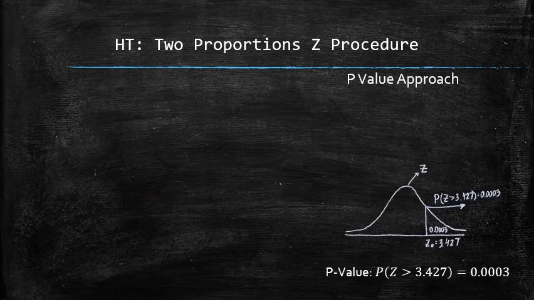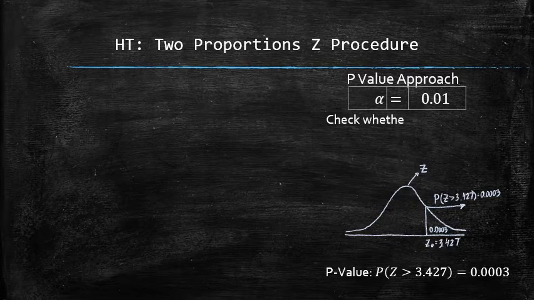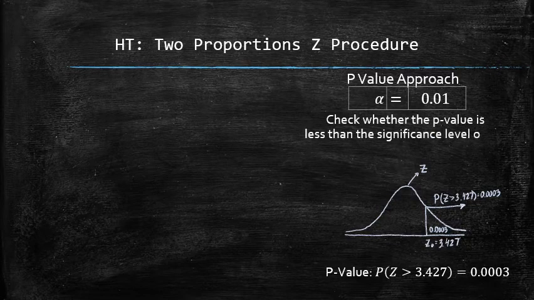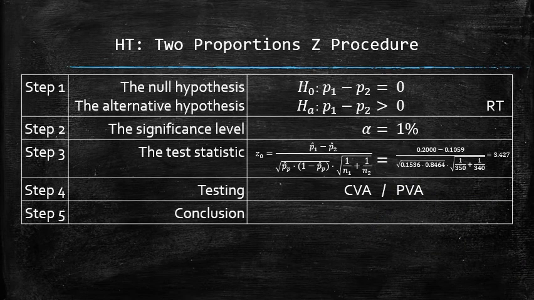In the p-value approach, we must check whether the p-value is less than the significance level or not. Our p-value is effectively 0, and it is less than alpha. Both tests suggest that we do reject the null hypothesis in favor of the alternative.